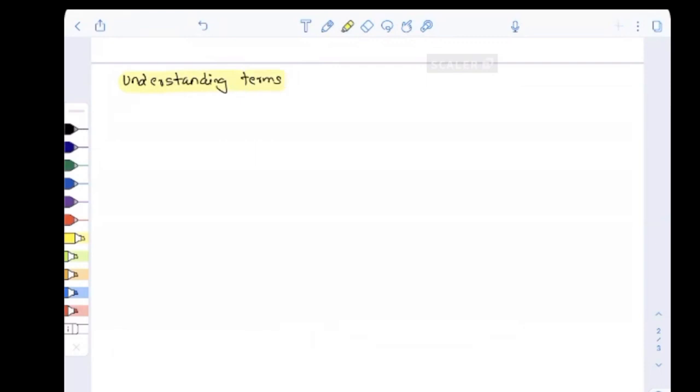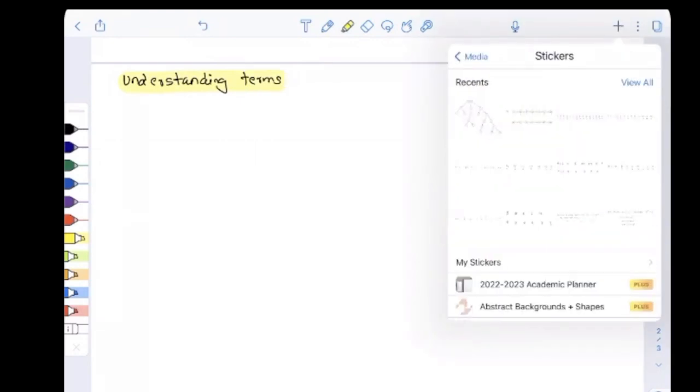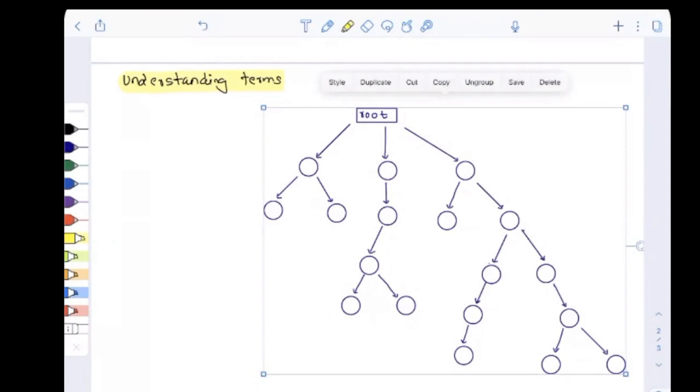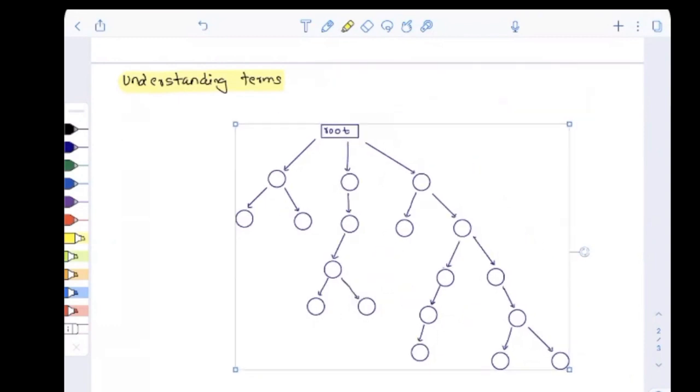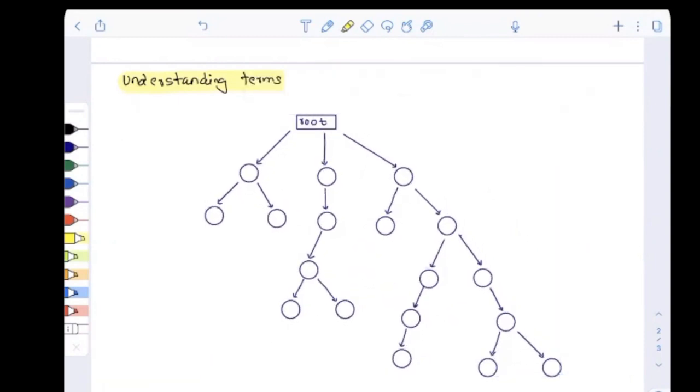Okay, so just a second. Suppose this is a tree that I have already created. First of all, there is only a single point from where you can start, and that is known as the root. You can understand it as the originating point, the point from where your tree is originating. In real life, roots are at the bottom and the plant grows from them, right?